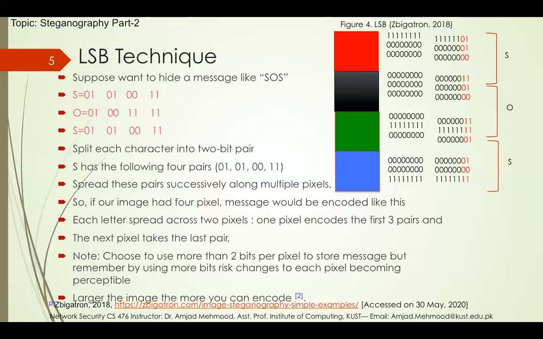This is very important. You have to make changes in such a way that they cannot be observed with the naked eye. Otherwise, if you make changes in too many bits, this could be noticed by your intruder or malicious user, who will realize that you intended to send some information inside that image or video.